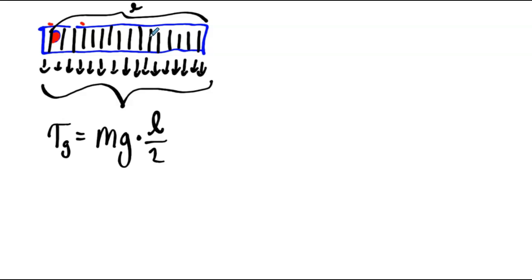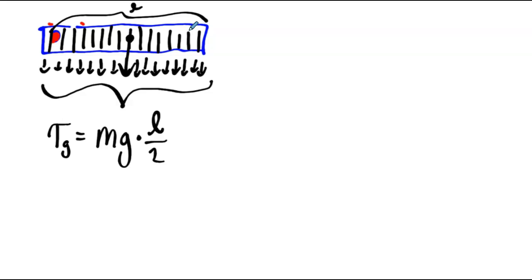Which actually is a good question to ask, Christopher. It's really times wherever the center of mass is, or specifically the center of gravity, but it's essentially the same thing as the center of mass. Basically, the torque due to gravity we can just approximate as being applied where the center of mass is.